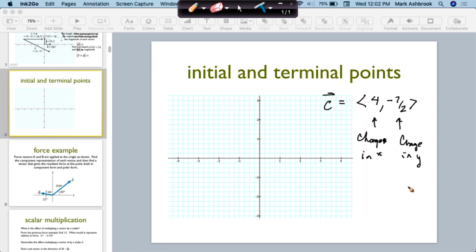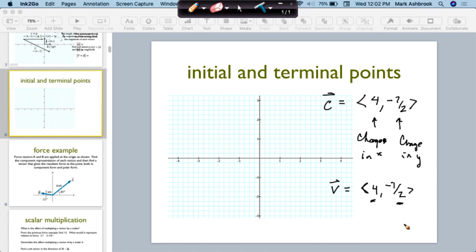Okay, so if you have a velocity vector, and that's 4, -7/2, are they changes now? What are the 4 and the -7/2 if you have a velocity vector? If your velocity vector is 4, -7/2, it's not really changes anymore.